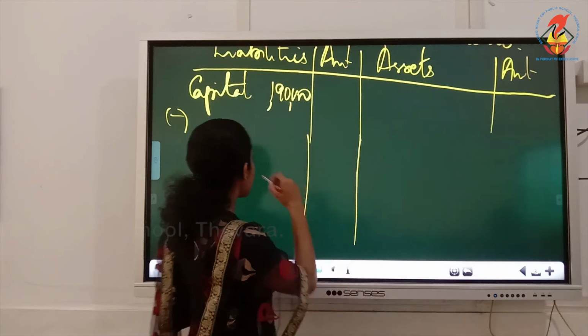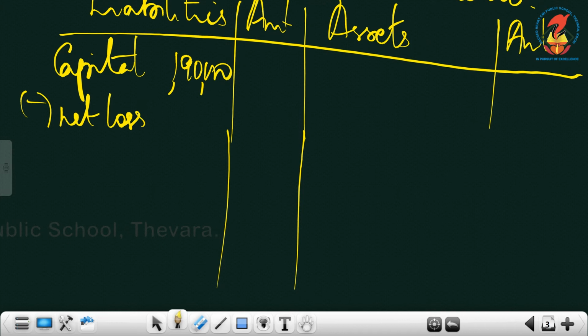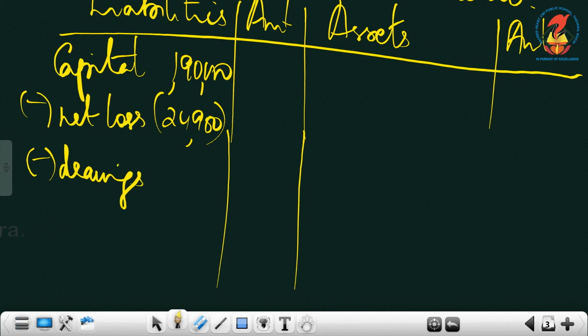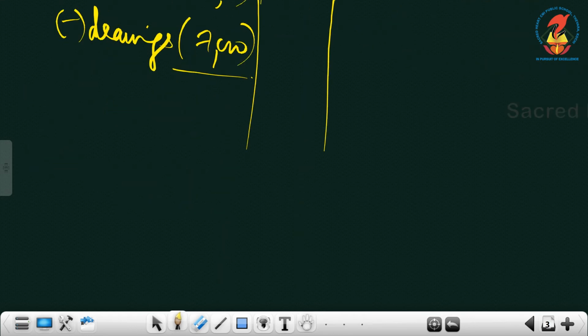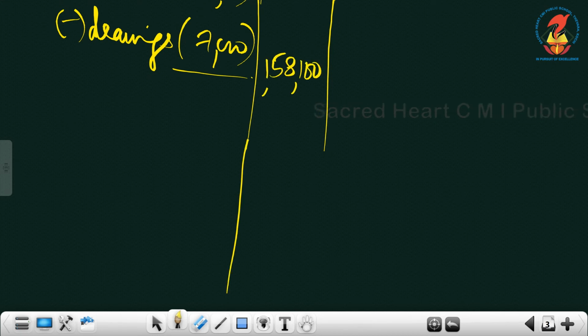It is 24,900, which you can take from your P&L, right within brackets being negative. Then less drawings, it's 7,000. Then capital outer column, it is 1,58,100. Then you have to go through other items given in the trial balance.